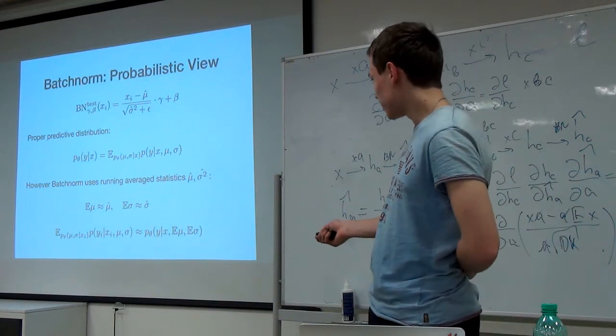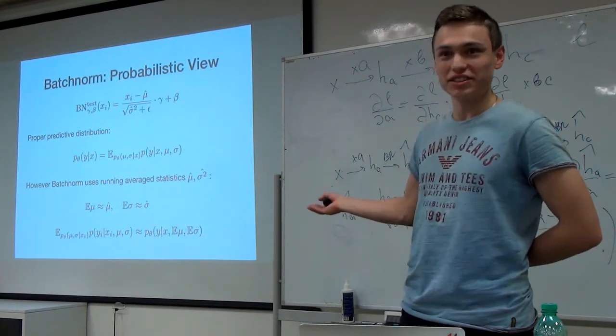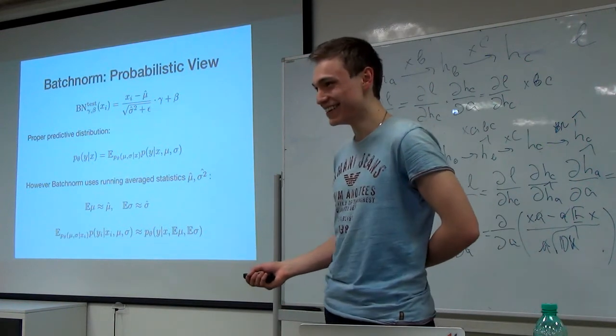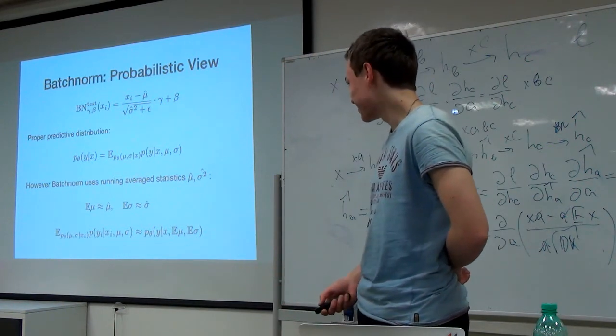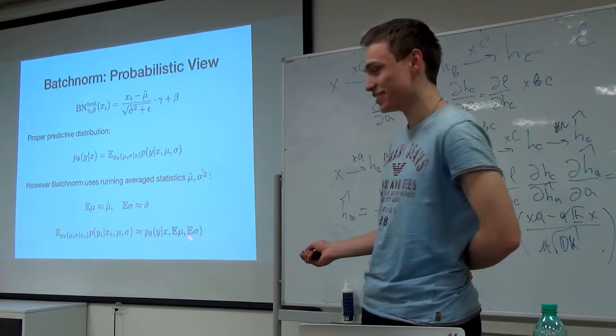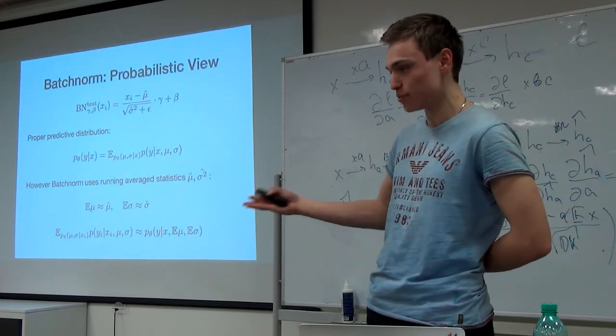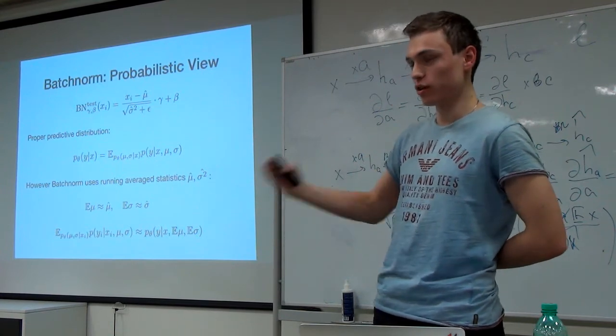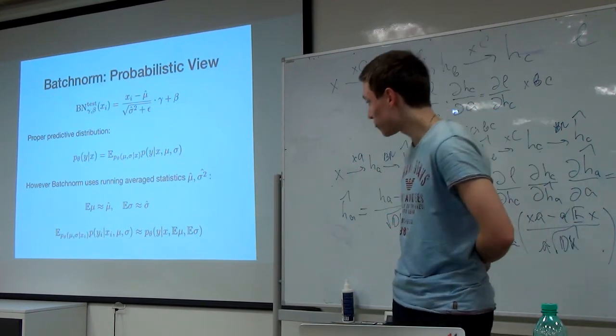We can take the expectation and see that it's biased. The reason for this bias is that we don't sample. We just propagate the expectation into the non-linearities in our neural network.